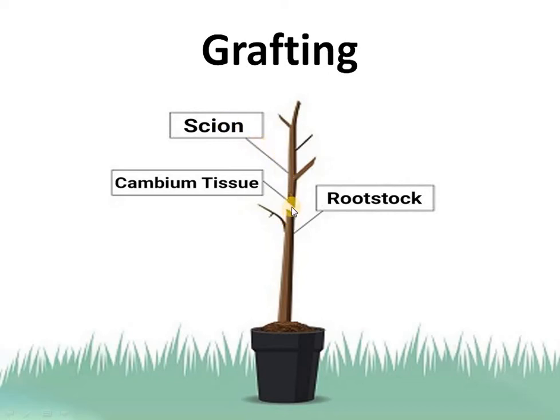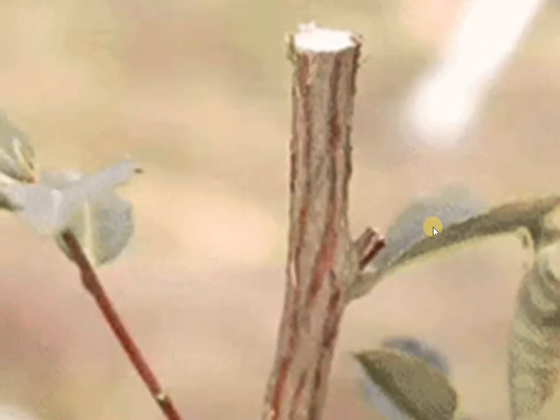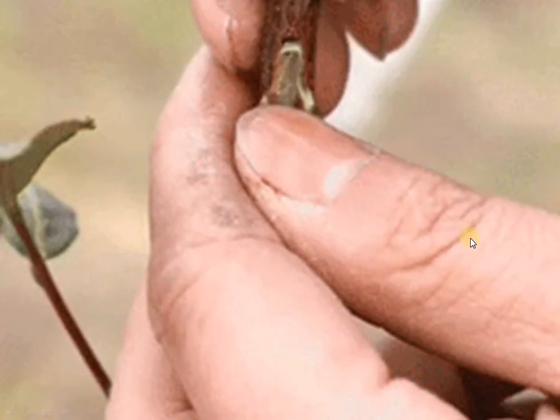Make sure that the cambium tissue of both will fuse with each other, and that will happen only when you wrap it, when you put them together and help the tissues fuse. And in this way, the rootstock will provide the nutrition to the scion, the grafted plant, which will again give rise to more plants. Here again, I have tried to show you the process of grafting.